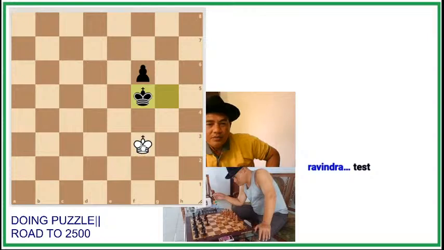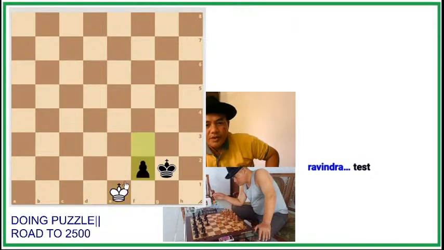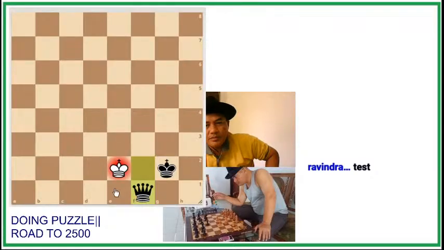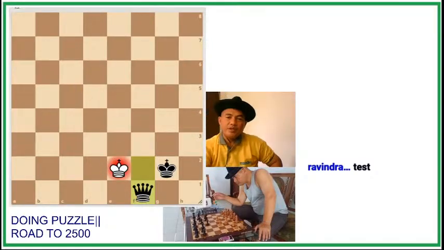So for example, he moves here, then black can go here, then the continuation is so obvious for black to win this game, because the pawn will get to the promotion square and become a queen.